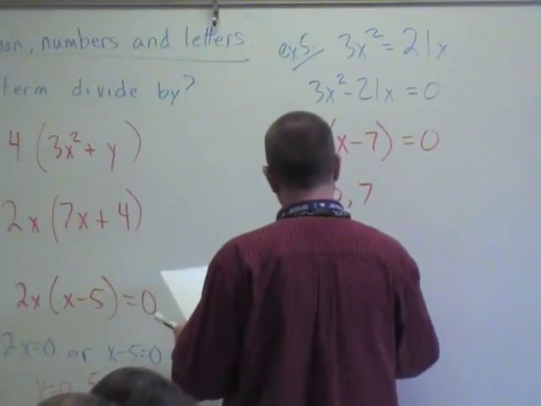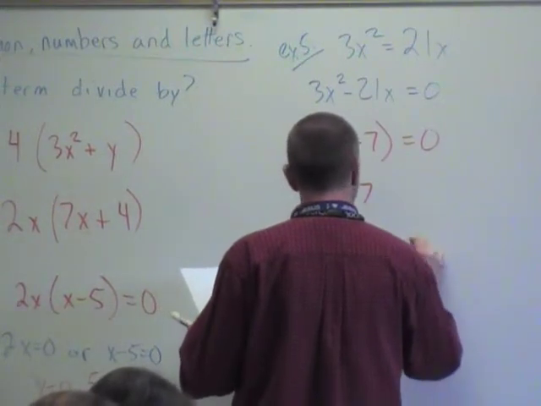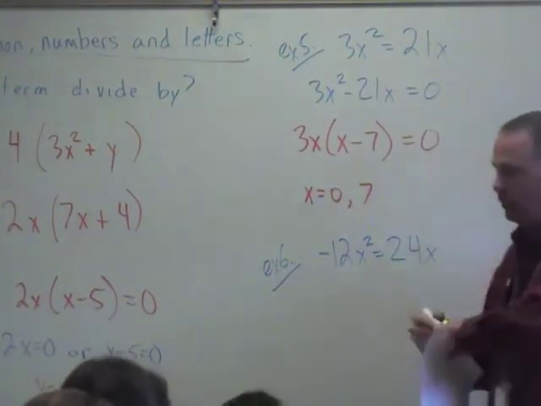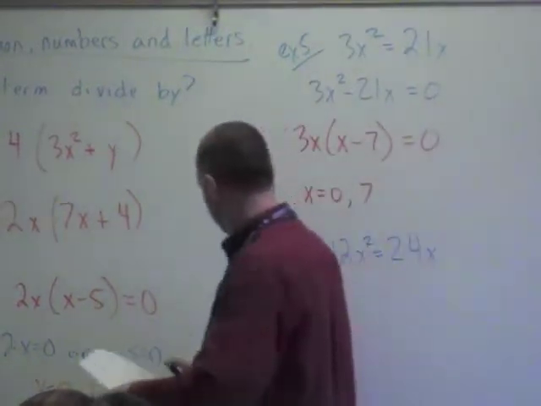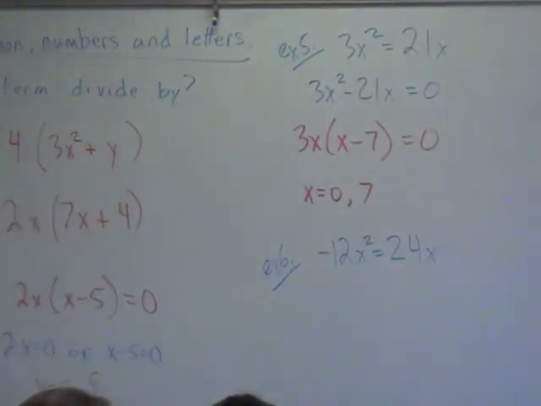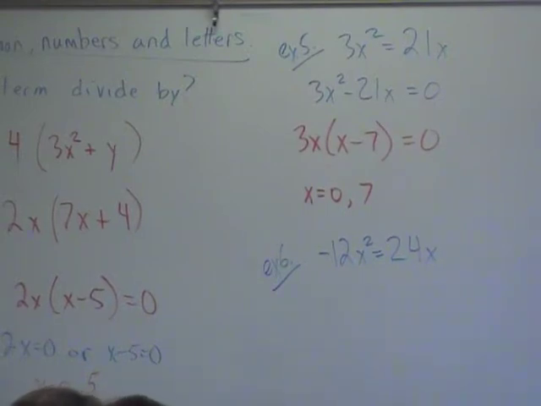All right, example 6 is negative 12x squared equals 24x. Now everybody do this on your own. Negative 12x squared equals 24x. So get everything on one side of the equal sign. Work it out.